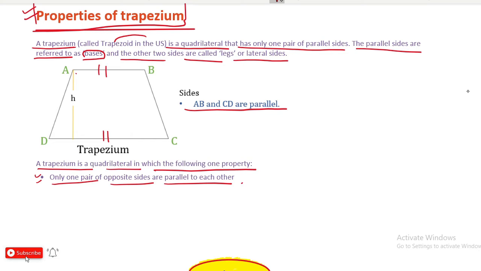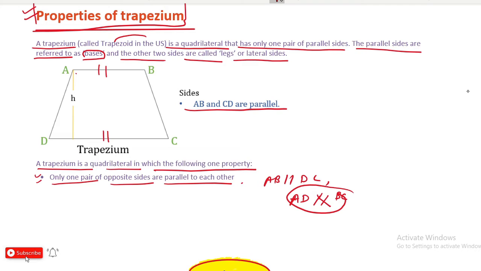Means if AB is parallel to DC, that means AD does not parallel BC.